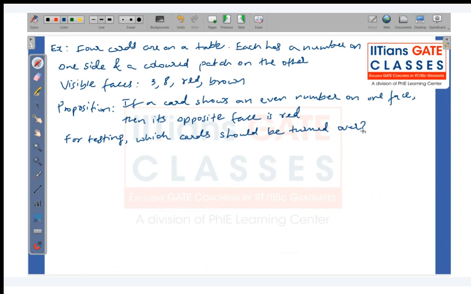I've given a proposition, I've given the full scenario, I've given this fact also, that each card has a number on one side and a colored patch on the other. You're able to see 3, 8, red and brown. So which cards should be turned over? We can call this card 1, card 2, card 3 and card 4.